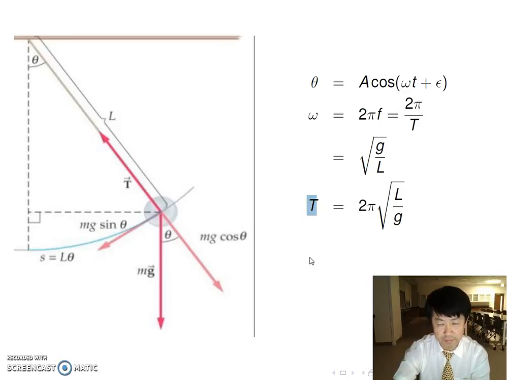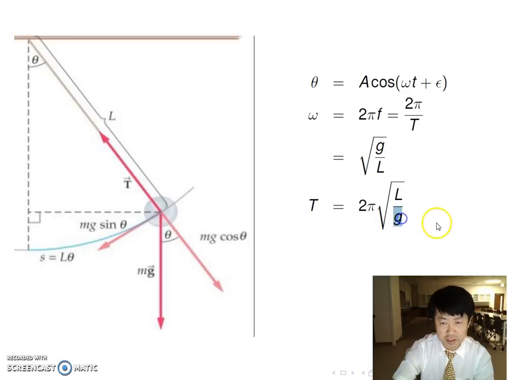So say you have a pendulum clock. If you make the pendulum shorter, then your clock will go fast. If you make the pendulum long, then your clock will go slow.